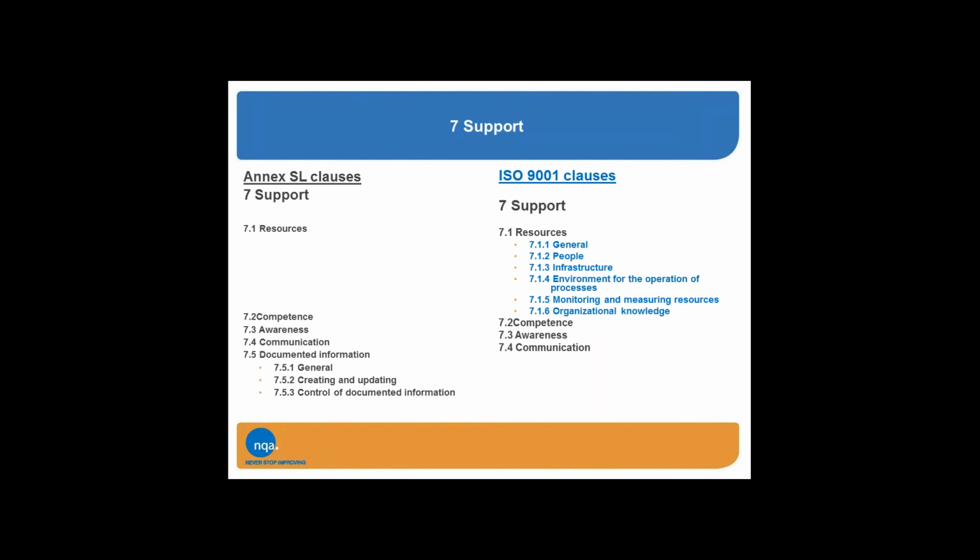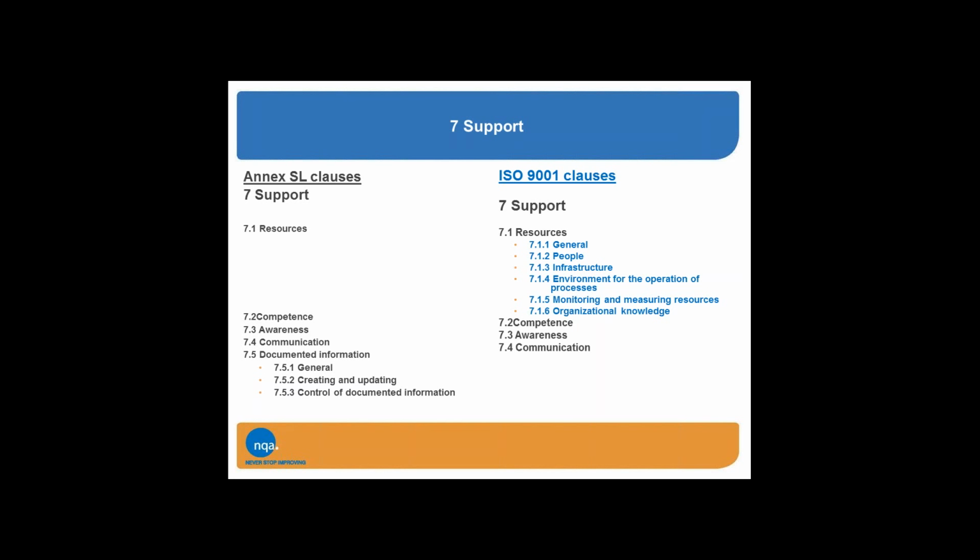Then we have the requirement for documented information, and again some sub-clauses around that: general requirements, creating and updating, control of documented information. There's really nothing terribly new there other than the terminology.